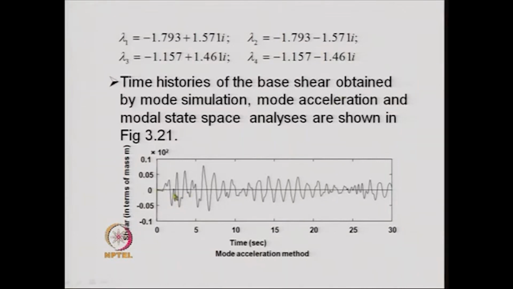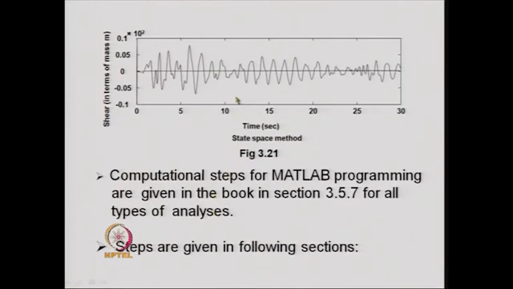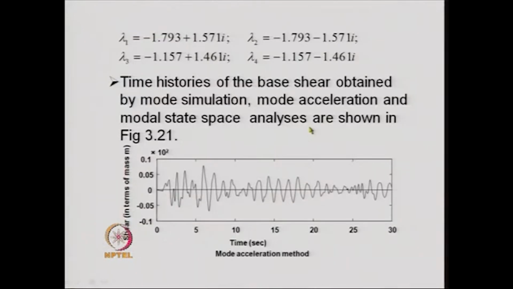So, this result shows the responses that we have obtained for the base shear by the mode acceleration approach, and these show the same response, the base shear, using the state space analysis. In this one we have used the mode acceleration method, that is, the solution in the time domain.